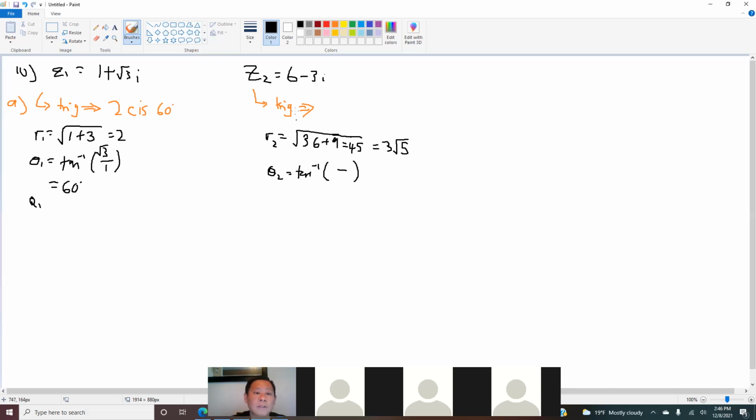Theta 2, you just need to take your b over a, which is -3. -3 is your b, and a in this case is 6. So this is -1/2 because -3/6 is -1/2. So I just reduce this to -1/2. So use your calculator and figure out what is the arctangent of -1/2.